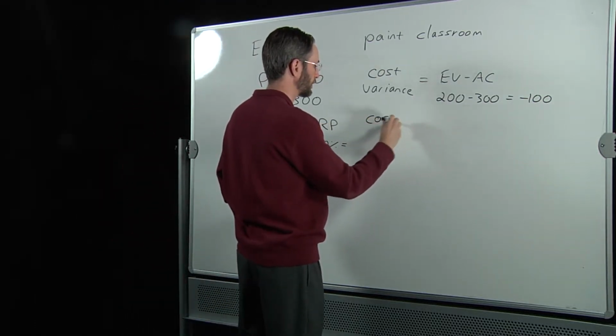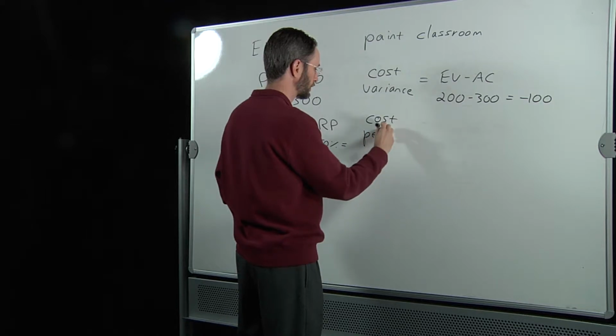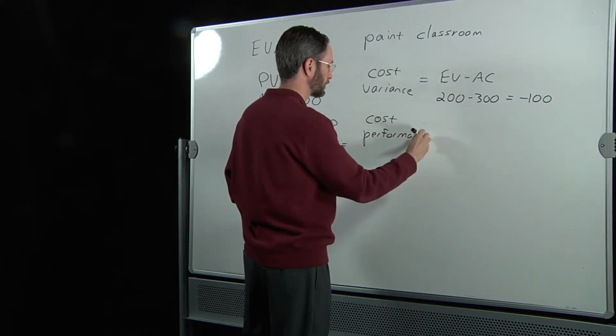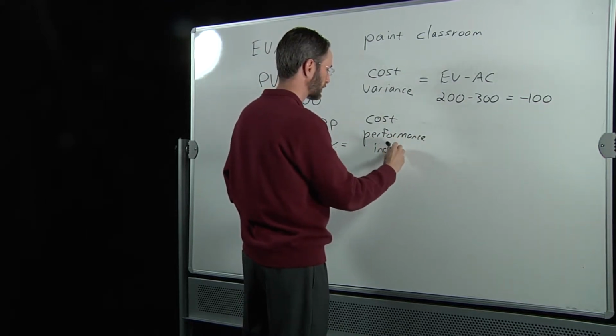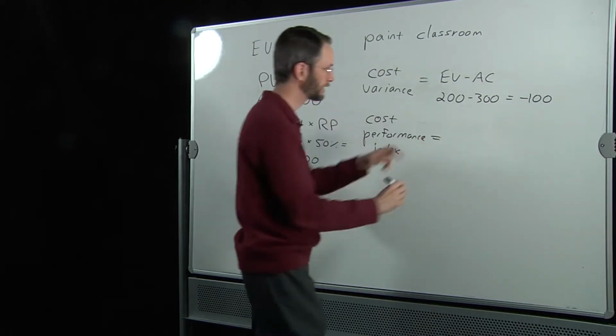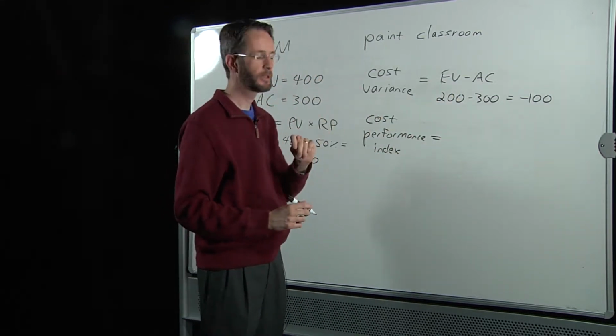Our second calculation is our cost performance index. We take the same two numbers, but we don't subtract this time. We divide.